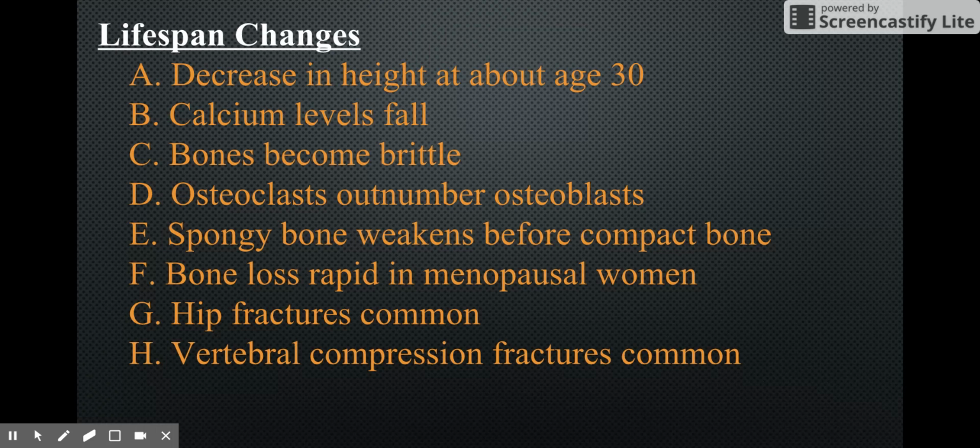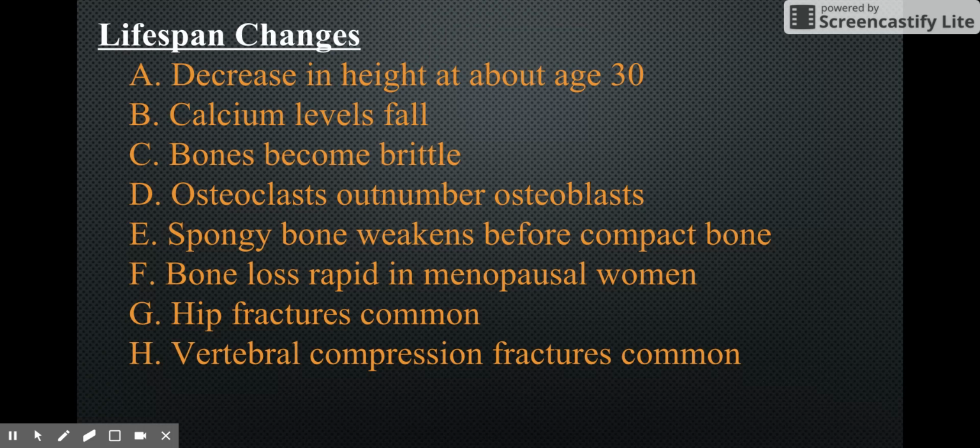That's a problem because that's the part on the ends of your long bones, in places like your hip joints and your knee joints. So that's why a lot of people can have hip fractures later on. And bone loss happens for women during menopause very rapidly, which is why a lot of women, when they hit menopause, will start taking calcium supplements and vitamin D supplements to try to decrease that.